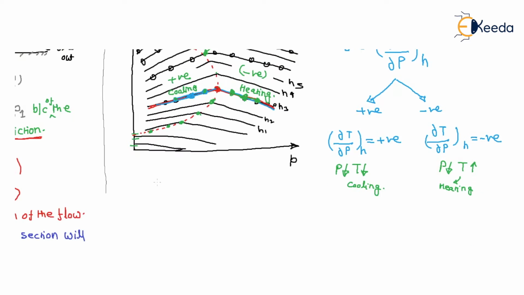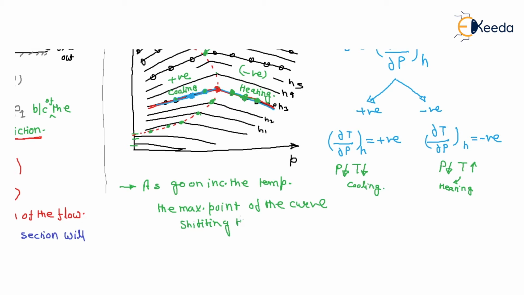The next observation is that as we go on increasing the temperature, the maximum point of the curve shifts to the right.